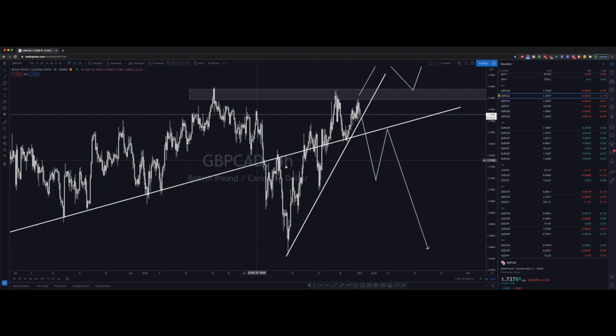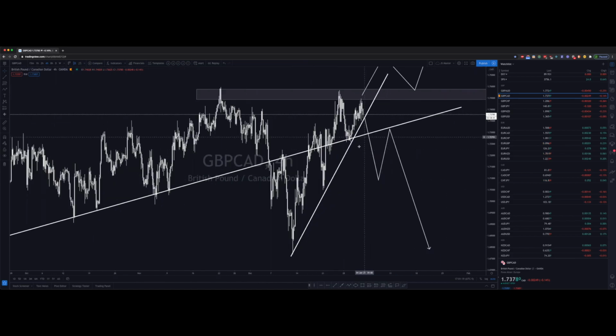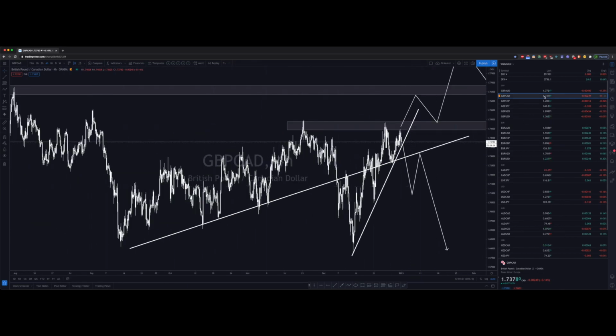If we see another breakthrough of this trend line here, again, there's no real clear zones that I like the look of, but that might happen. And if we start to see some lower lows and lower highs forming, then maybe we can get involved in something there. But for now, nothing really clear, but I'll keep an eye on it.